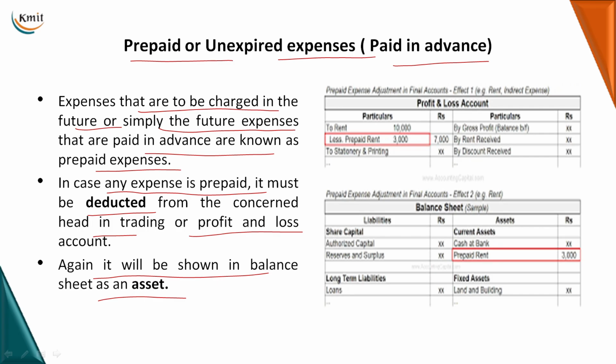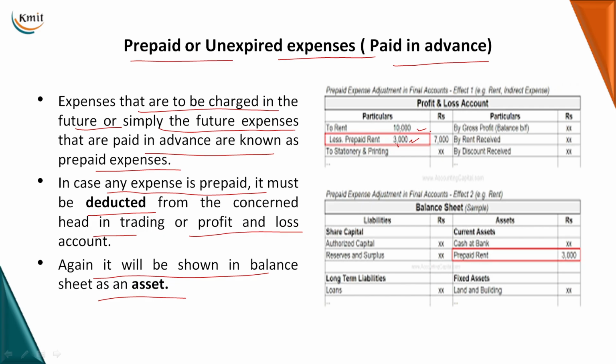asset side. So let us assume this is the adjustment given to you, right? So rent is given as 10,000. How much is prepaid? The prepaid amount is 3,000.